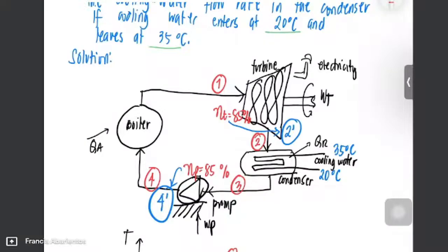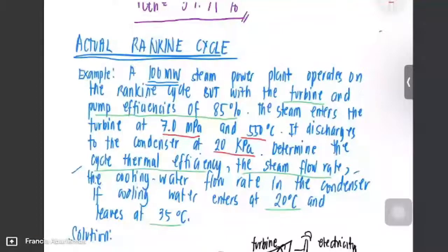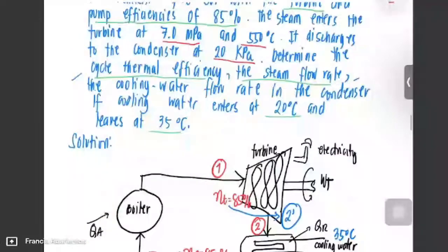So that is the example problem of an actual Rankine cycle. Yan, mas mahirap kung wala kasing problem na sinusolve sa actual Rankine cycle. Okay? So, if you have any problem, concern, anything, just PM ma'am. I-chat nyo na lang si ma'am.